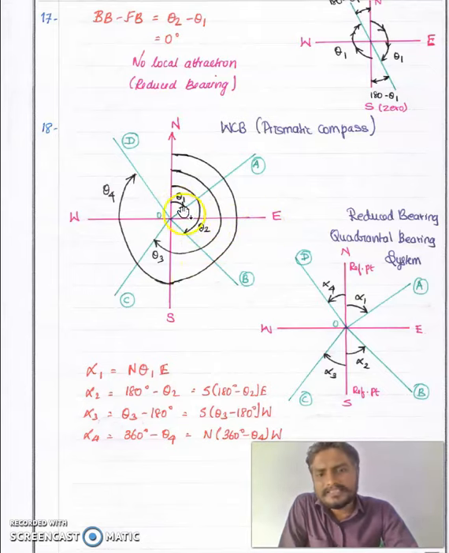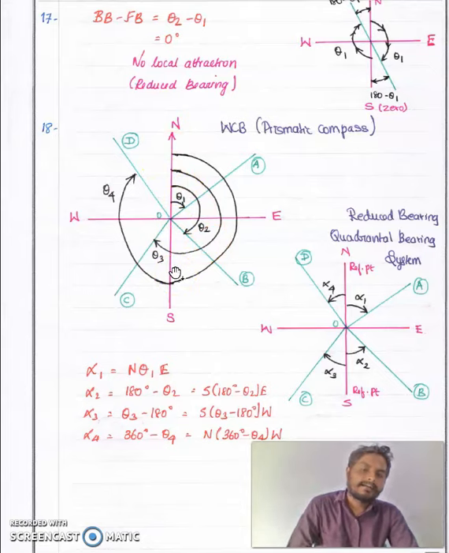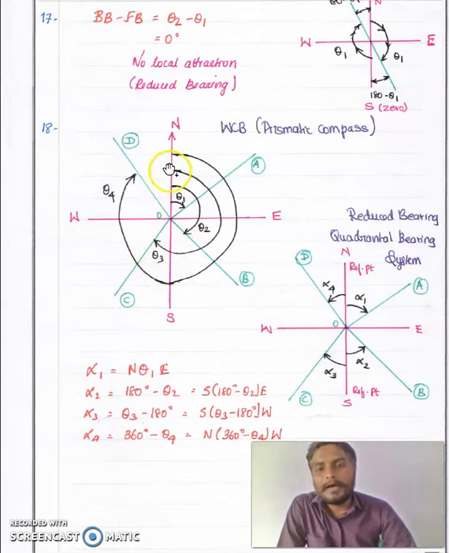Next, survey line B lies between south and east. It has an angle of theta 2 with respect to true north. In the whole circle bearing system, the reference is north. True north is always the reference, and it is continued in the clockwise direction.